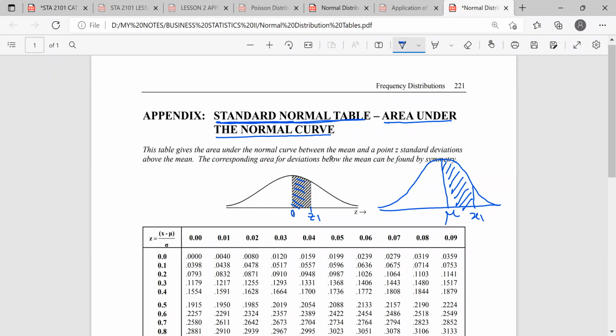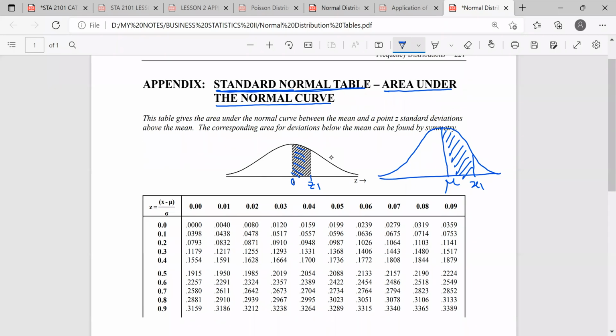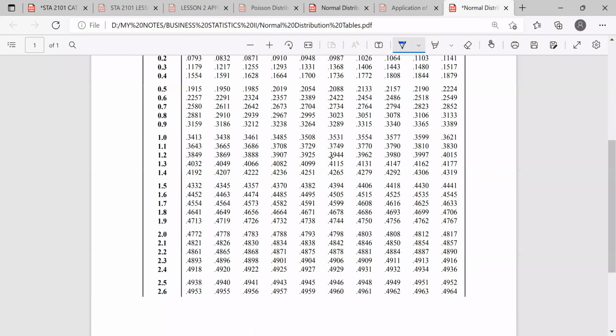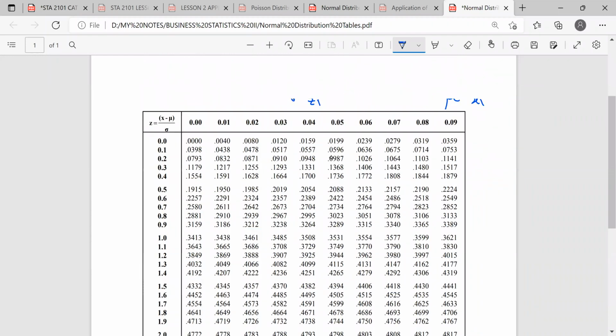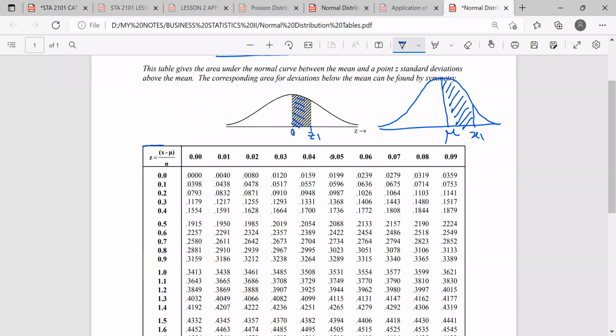That's what we are talking about. Now, if you look at this table here, it's not a very long table. The first column here gives a very familiar term: Z is equal to x minus mu over sigma.